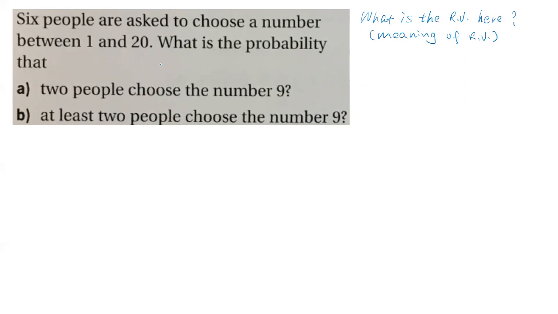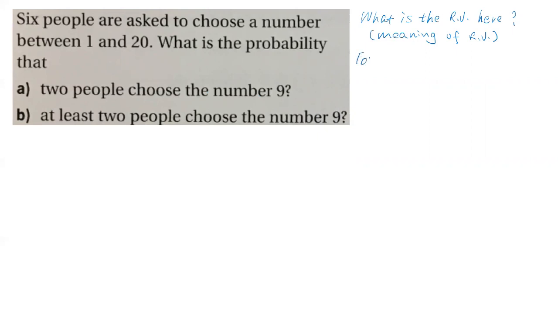That means we conducted 6 trials, and in each trial, the person can choose number 9, or the person chooses some other number, right? So there are only 2 outcomes, whether this person chooses number 9. And the probability of choosing number 9 is always constant, right? Which is 1/20.